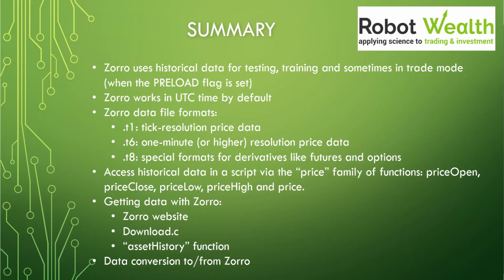So in summary, here are the things I've shown you in relation to using, storing, and getting data with Zorro. Firstly, that Zorro uses historical data in testing and training mode, and under certain conditions in trading mode. Remember our preload flag.